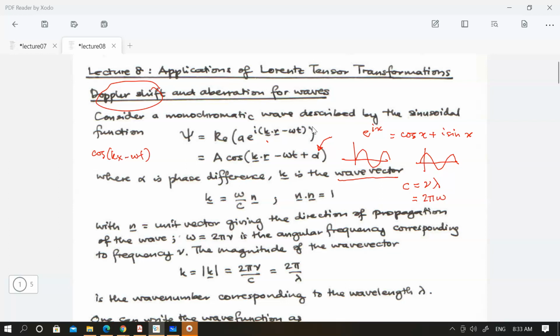Sorry, maybe I should do this differently in a different equation. So omega is 2 pi nu, and your k is 2 pi over lambda. Okay, so you introduce this angular version of your frequency and wavelength. Okay, actually this is not the angular version of wavelength, but it's called a wave number.